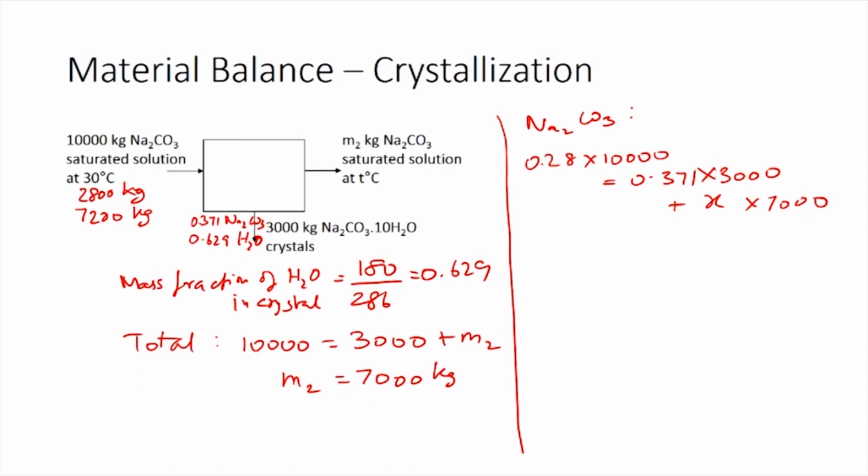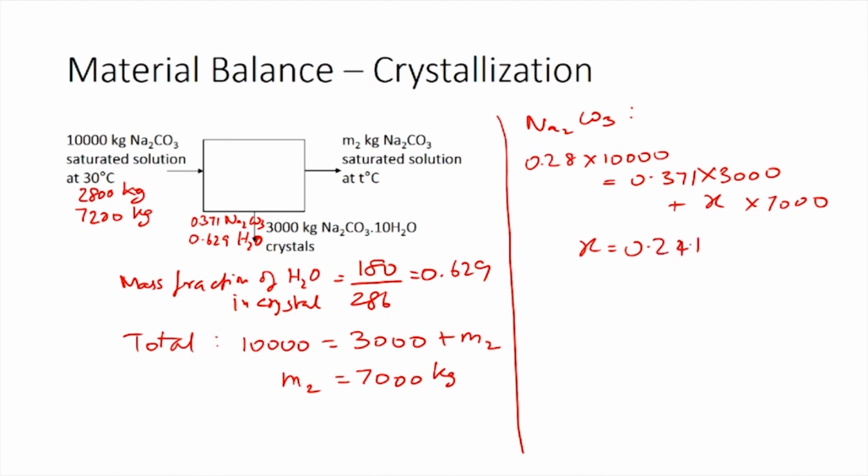Now, using this equation, we can calculate the mass fraction of Na2CO3 which is leaving along with the saturated solution. So, this value can be calculated as X equals 0.241.